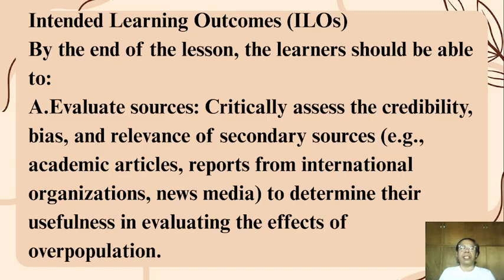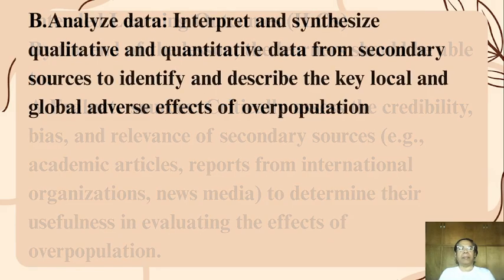A. Evaluate sources. Critically assess the credibility, bias, and relevance of secondary sources, for example, academic articles, reports from international organizations, news media, to determine their usefulness in evaluating the effects of overpopulation.